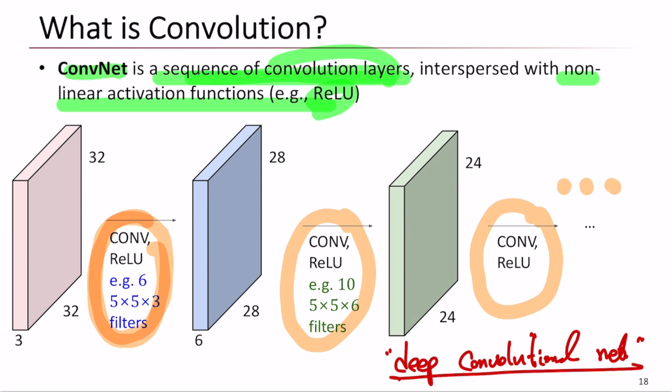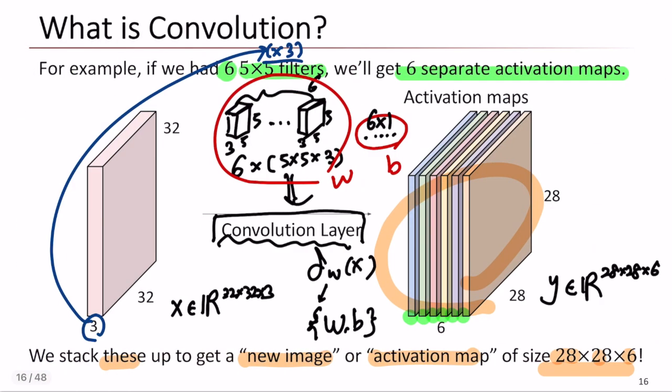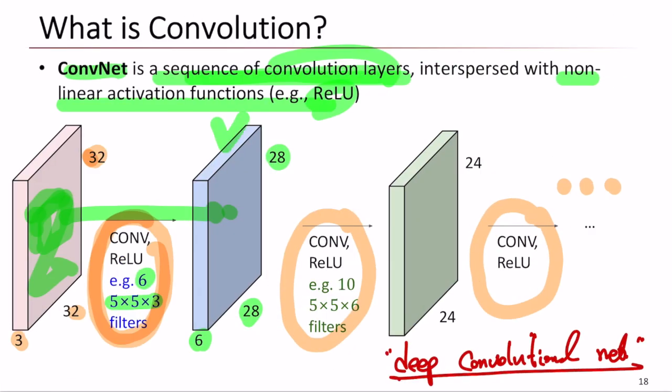Let's talk about dimensionality. For example, your input image has size 32 by 32 by 3. If your first filter is 5 by 5 by 3 and you have 6 different filters, then one filter generates one value at each position. By convolving, you generate the 28 by 28 by 6 output that we discussed here. Then this is the input for the next convolution layer.